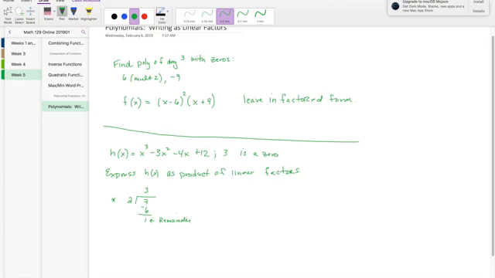So this would tell me that 2 is not a factor of 7, or specifically that divisor, because it doesn't divide into 7 evenly.